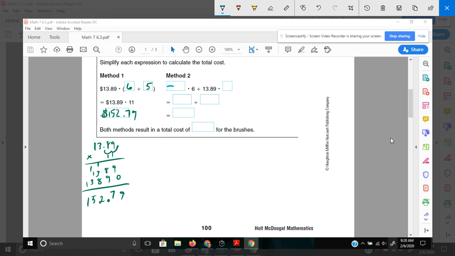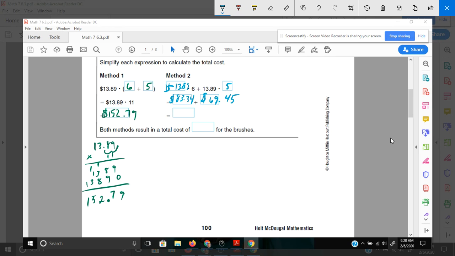So we said it's $13.89 times 6 for the March cost and $13.89 times 5 for the April cost. If we multiply each of those, $13.89 times 6 would give you $83.34, and $13.89 times 5 would give you $69.45.